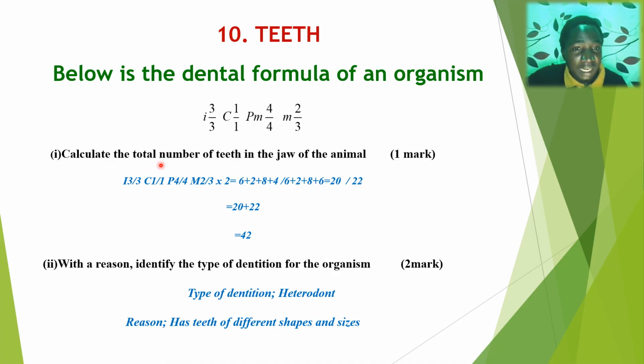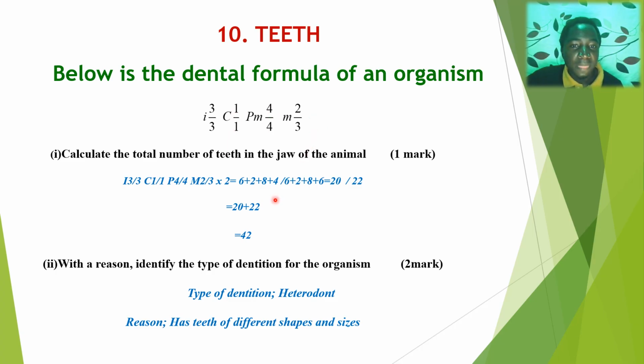After that, you calculate the total number of teeth in the jaw by now taking the product of the numerator plus the product of the denominator, now getting the total. Now, when we work out, you see we have 3 times 2, then we have 2 times 1, 4 times 1, 2 times 1.